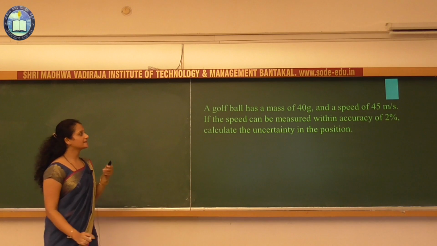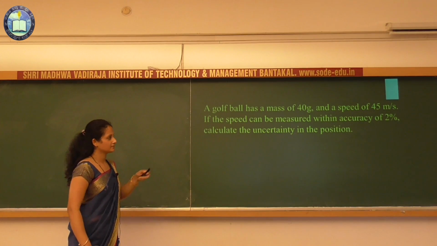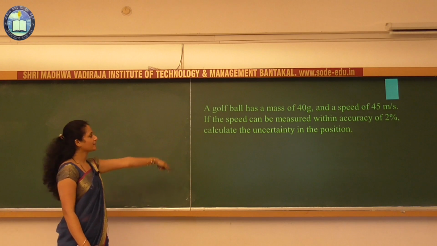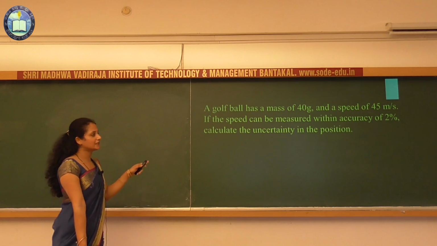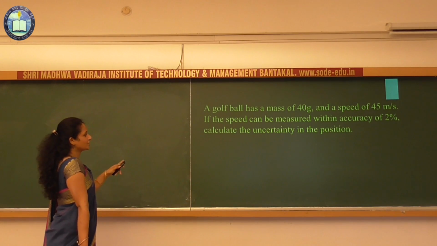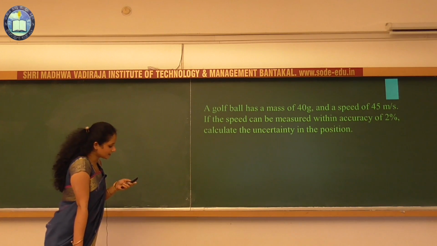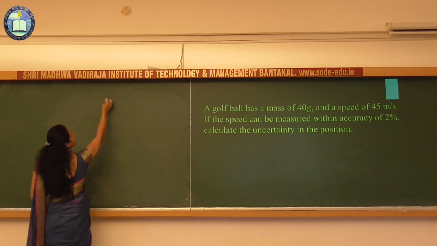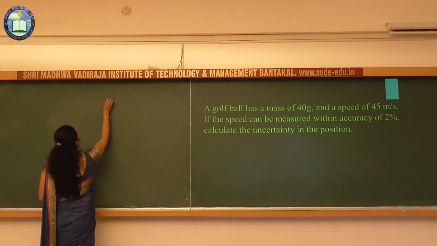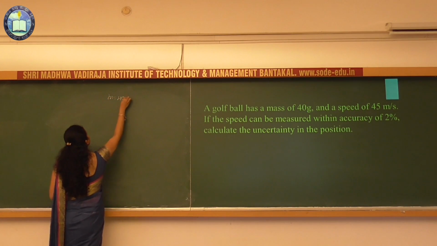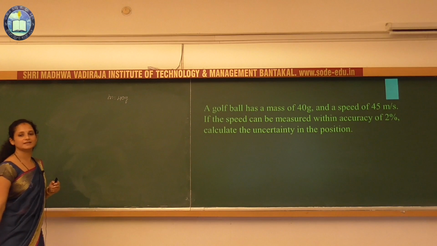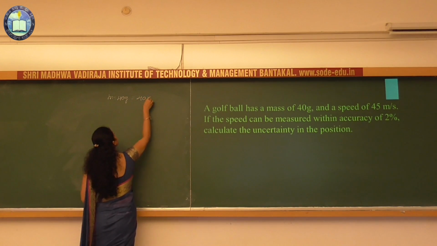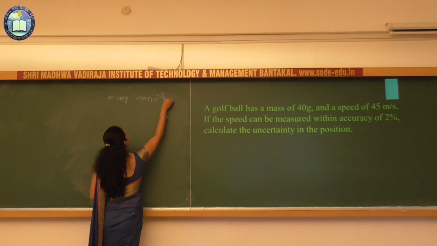A golf ball has a mass of 40 gram and a speed of 45 meter per second. If the speed can be measured with an accuracy of 2%, calculate the uncertainty in the position. The mass of the golf ball was given as 40 gram, so convert this gram into kg: 40 into 10 to the power minus 3 kg.